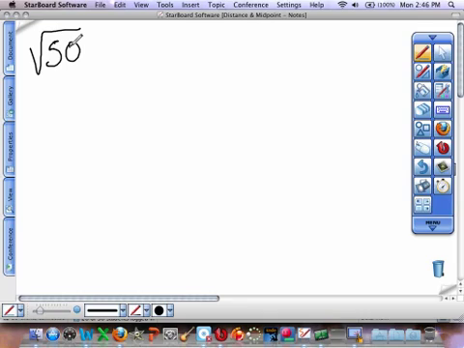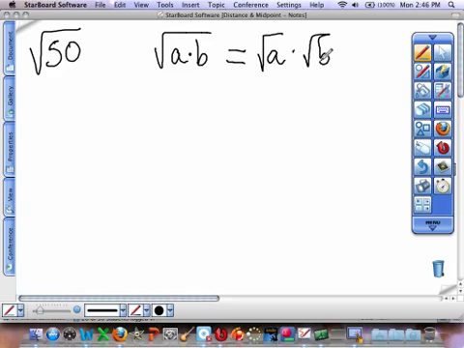The way we do this is we're going to apply this property of square roots. If I have the square root of a product, so the square root of two numbers being multiplied, I can split the square root into the square root of A times the square root of B. And the same concept is true if I had division.